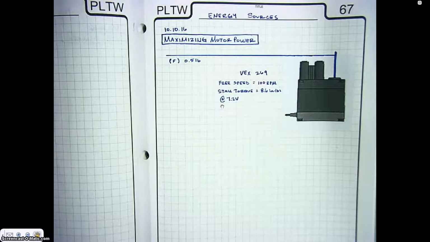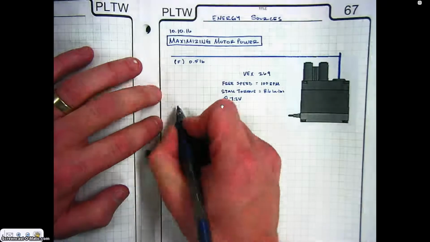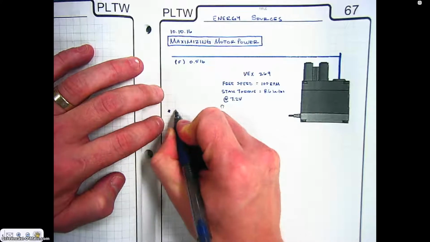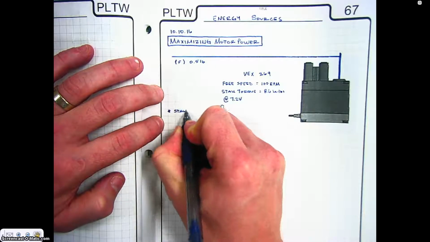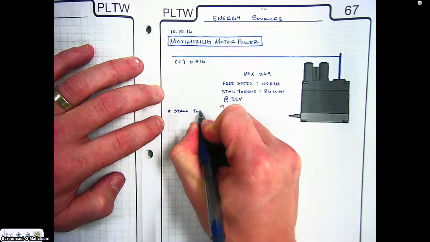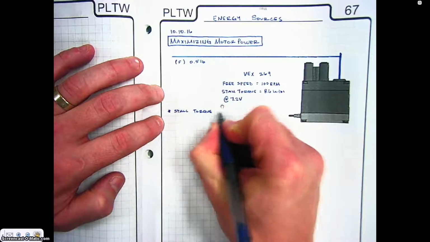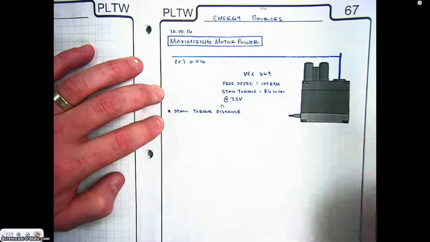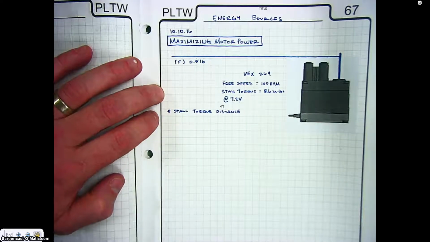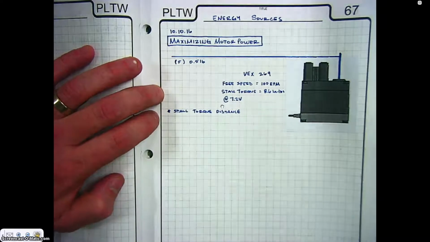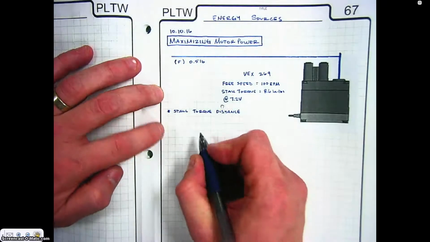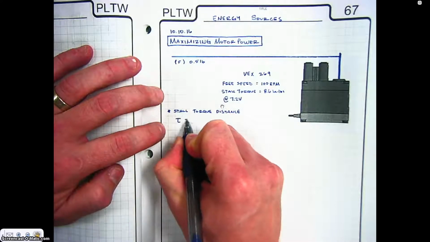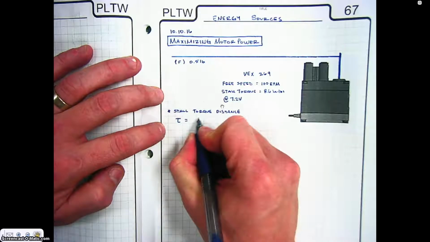The first thing we're going to do is calculate the stall torque distance. We know that torque is equal to force times perpendicular distance. That's our formula.